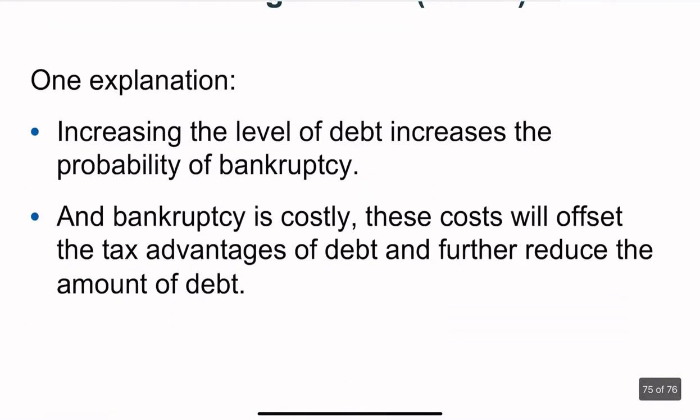Well, the reason is if you increase the level of debt, then the probability of bankruptcy will be larger. And bankruptcy is very costly. And this additional bankruptcy cost will further reduce the tax advantage of debt. So, because of this additional cost, firms will use even smaller amounts of debt.